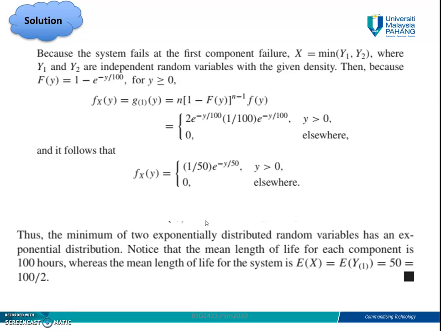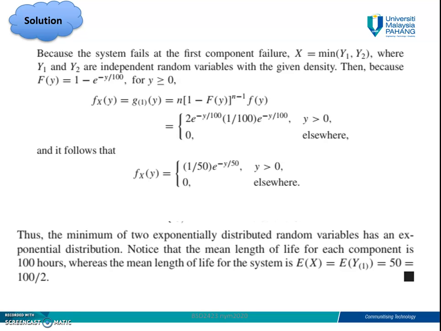Looking at this solution, because the system fails at the first component failure, it means that between Y1 and Y2, whichever fails first will make the system fail.